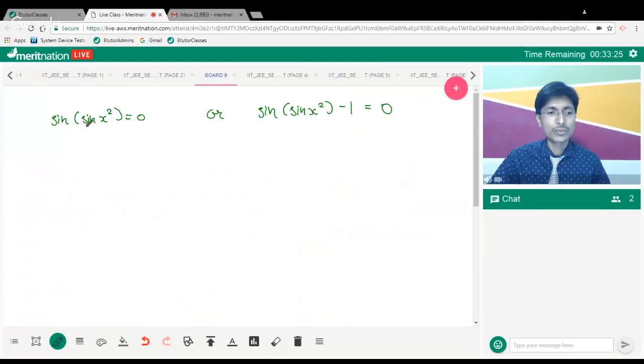Now, the first one says the sine of sine x square is 0. So obviously sine of x square has to be 0, because if you remember the graph of sine, guys, I'll draw for you the graph of sine for those of you who might not remember.